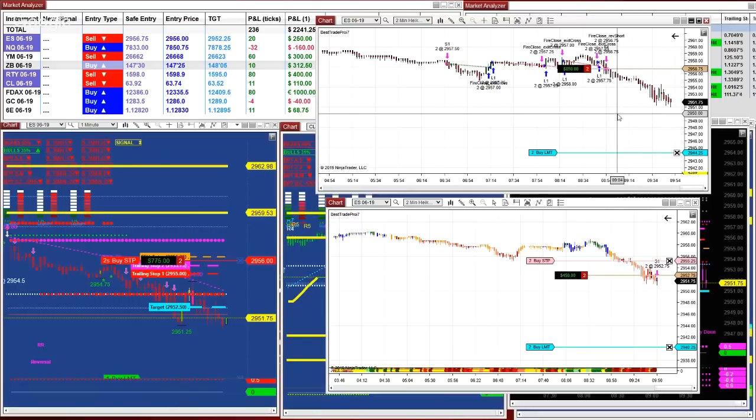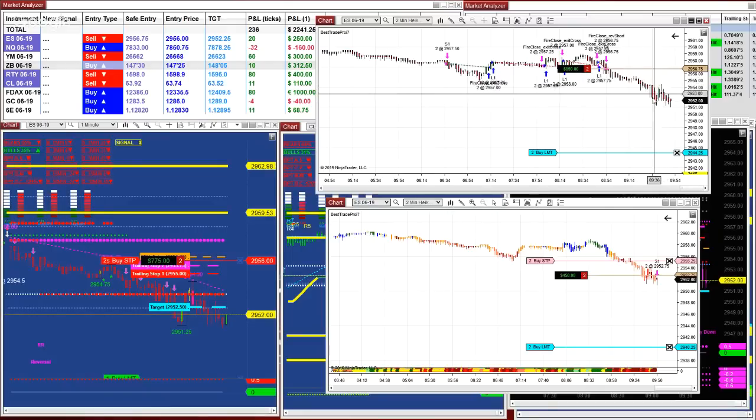There is a plus and minus on each one of them. Now on this hard pullback here, we were on the ES at 51.25, and we had a hard pullback to 54.50. So if we were using that system here with a trailing stop, it would have knocked us out of that trade.